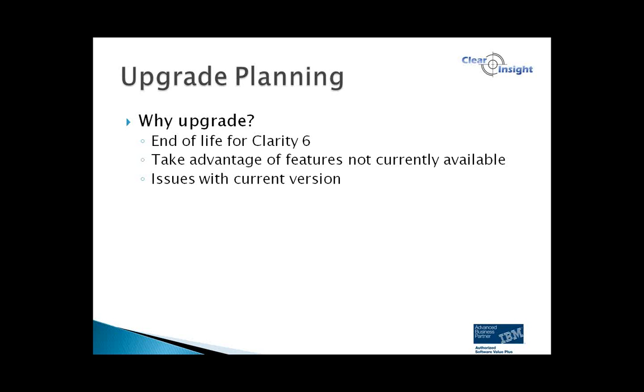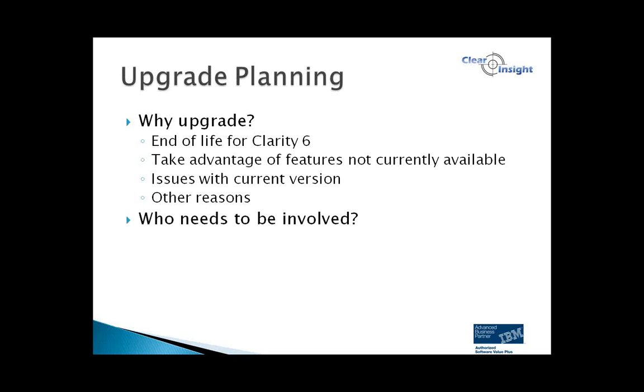There might be a major issue in your current version that, because of the discontinuing of support, IBM will no longer be fixing in this version, and your fix might be in the latest version. There could be other reasons that you want to upgrade. For example, there might be a legal requirement that you be on a certain supported software, and those reasons are specific to your organization.